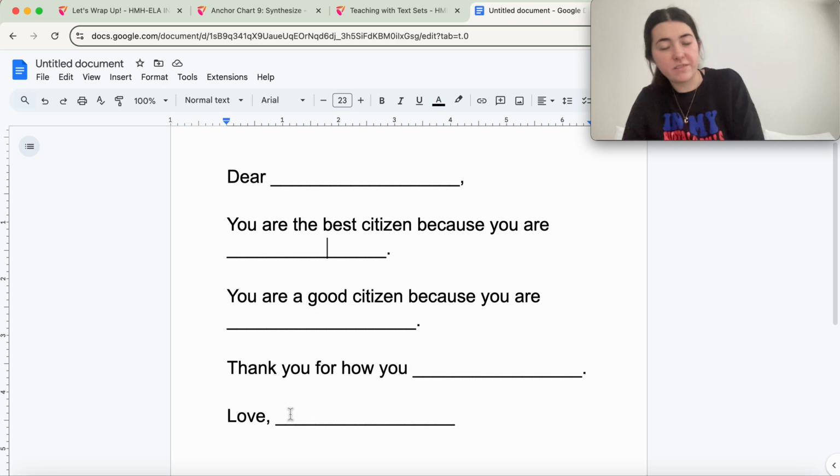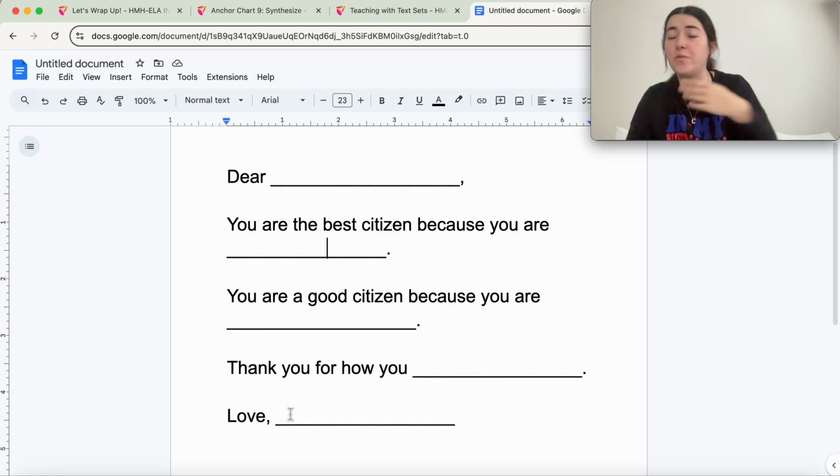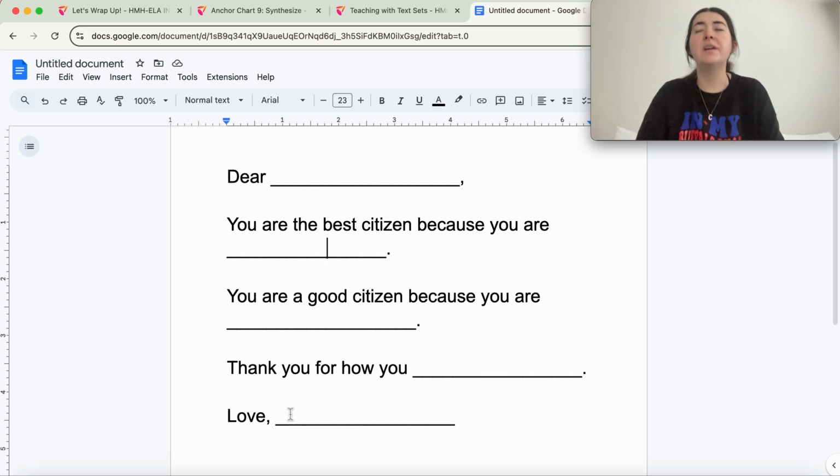If you want to pause the video here and you want to write all this out as your choice, you are more than welcome to do that too. If you want to write it in your composition notebook, that's great. If you want to get a blank piece of paper and maybe you want to make an actual card for someone, that would be a great idea too. The HMH wants you to make it for one of the characters we read about.